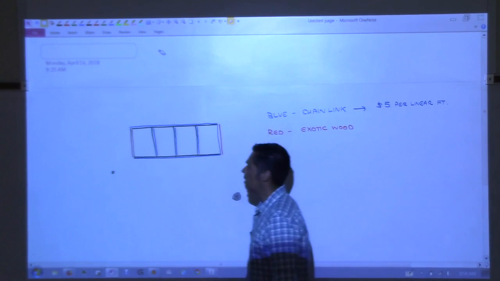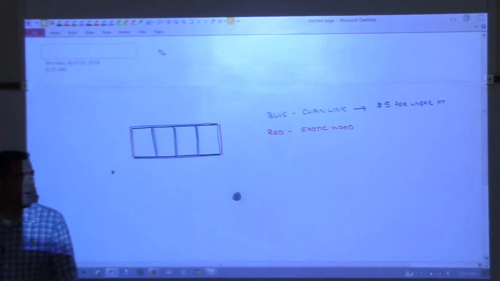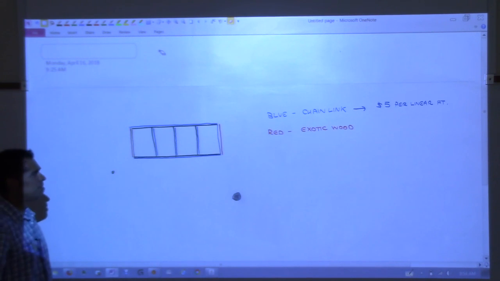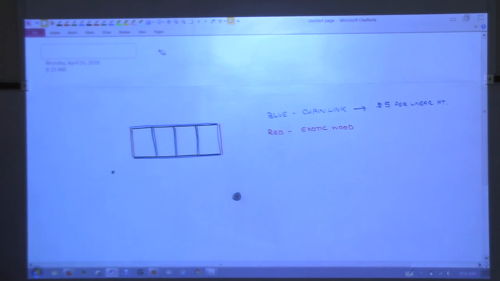That includes the posts and the holes they have to put in, everything. It's included in the cost. Most fences are priced out that way. Labor and everything. Yep.